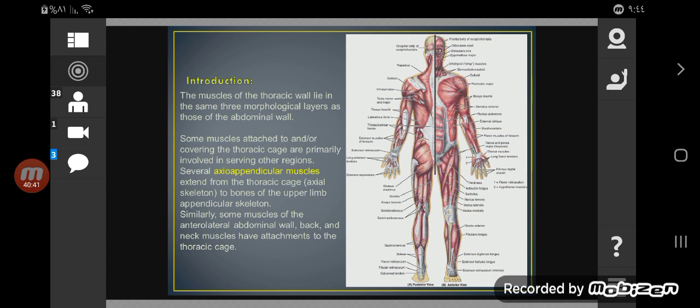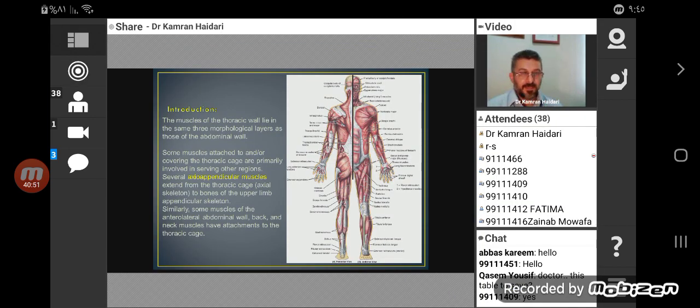Therefore, some muscles in the thorax are intrinsic, some of them are extrinsic.